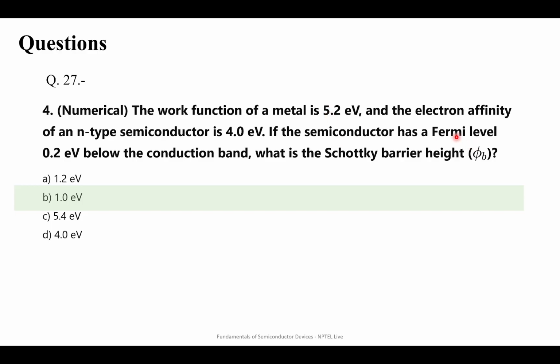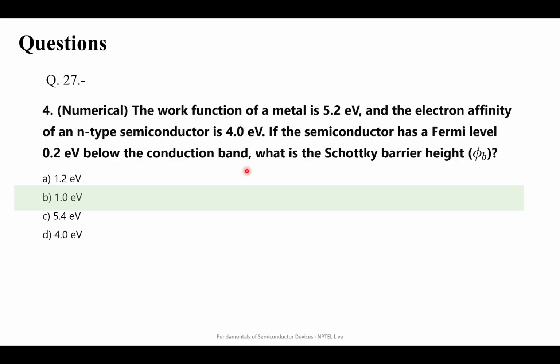I have given you Ec minus Ef as 0.2 electron volts. You have to calculate that value using your doping density and Nc value, which you have studied in your previous 2 weeks.